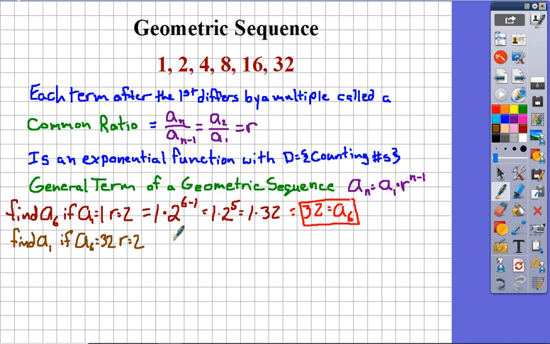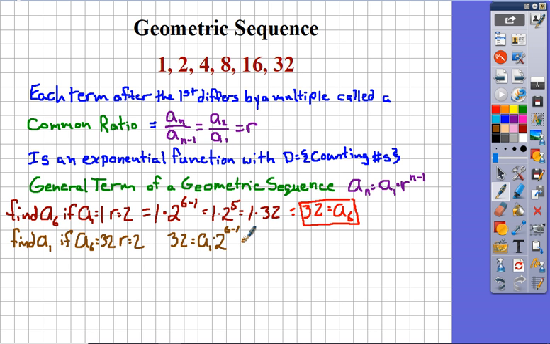The last term is 32, the first term we don't know, the common ratio is 2, and n is 6, so the 6 minus 1 power.